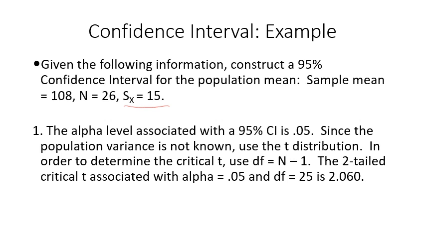In this problem right here, you see it doesn't say the population variance is unknown. However, the population variance is not given to you, and the sample standard deviation is. So in this case, we are going to use a t-test because the population variance is not given. We're looking at a 95% confidence interval, so the alpha is 0.05. The population variance is not known, so we're going to use the t-distribution.